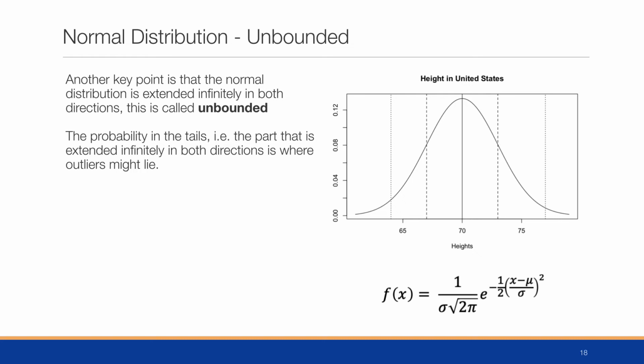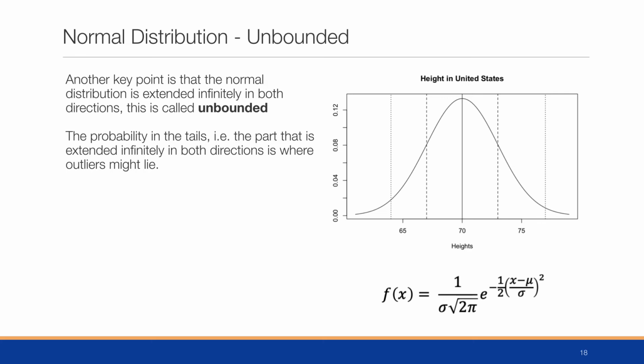Another key point is that the normal distribution is extended infinitely in both directions, and therefore it is called unbounded. It will go off to the left at infinity, off to the right at infinity. But it's important to know that the probabilities of those further and further out get much, much smaller. So they'll go from 0.01 to 0.001 to 0.0001 and so forth.